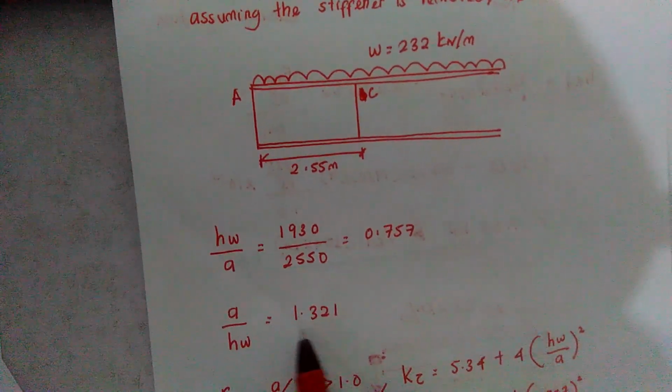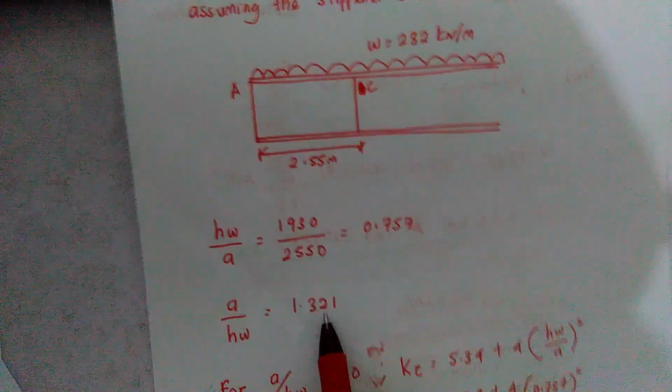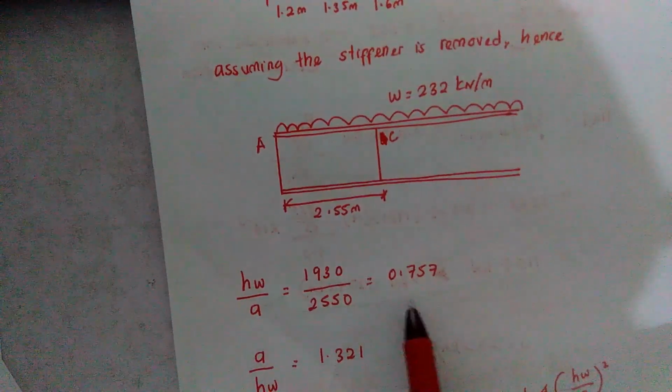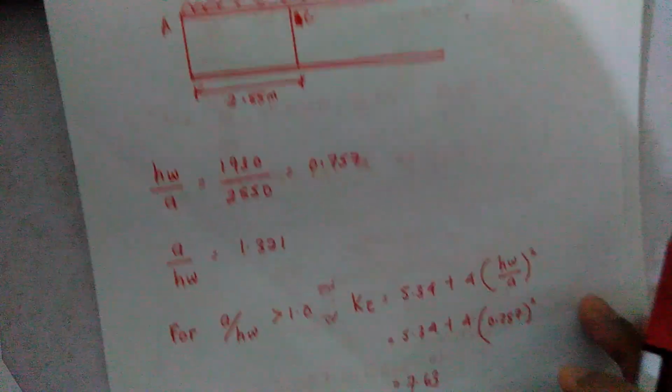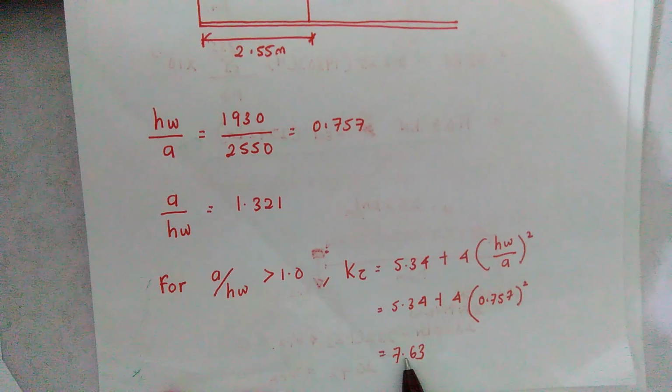Then you get a over hw, which is 1.3 to 1, and hw over a is equivalent to 0.757. Insert in these equations, finally you get 7.63.